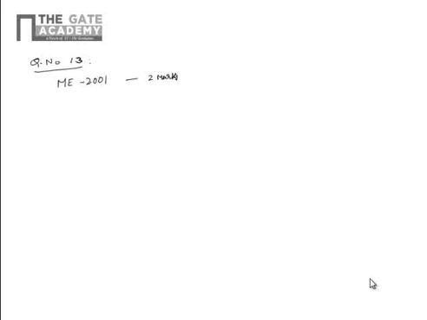The given data is: in an NC machining operation, the tool moves from point A (5,4) to B (7,2) along a circular path with center C (5,2).